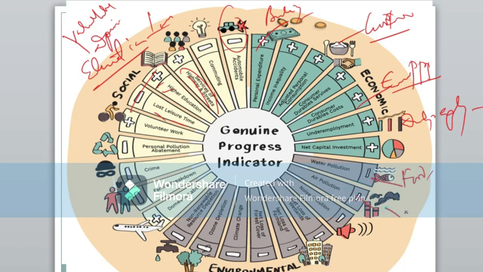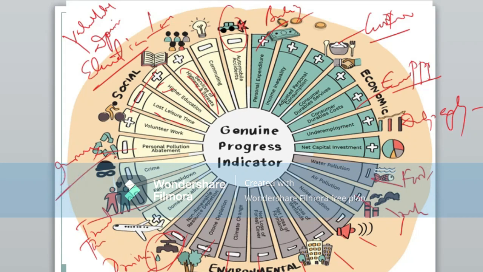Whether they are protected from pollution of air, noise, water and soil, whether they are getting hygienic drinking water, facilities for travel and transport such as buses and trains, and personal protection and insurance from the government. So all these factors constitute the Genuine Progress Indicator.